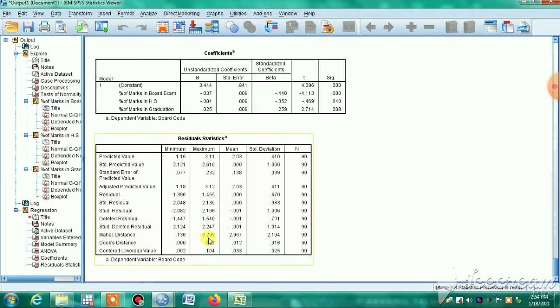So 9.22 is the maximum value. Here it is lower than the critical table value. The critical table value for two variables is 13.82, and for three variables it is 16.27.